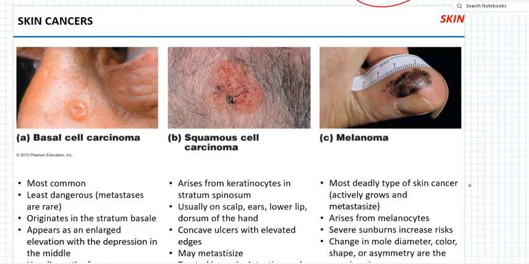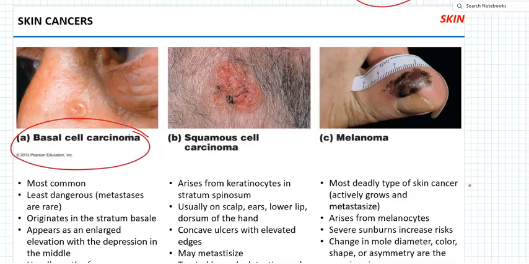Okay, cancers. Basal cell carcinoma. Think about the name, basal cell, right? So it originates in the stratum basale. Those keratinocytes can divide in the basal layer. So what happens here? They start dividing more often.